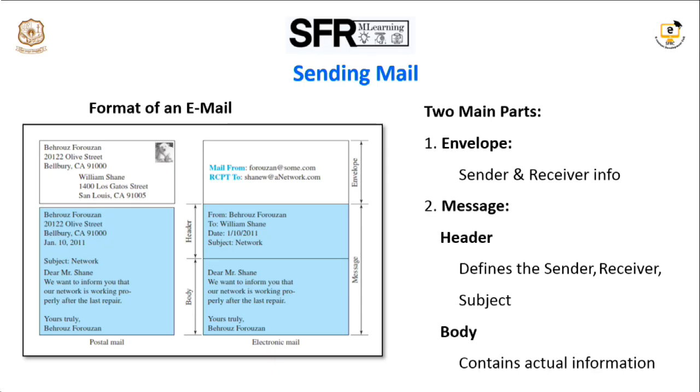The envelope contains the sender and receiver information, and the message contains two parts, header and body. The header, as usual, defines the sender address, receiver address and subject, that is, for what purpose we are sending the email from sender to receiver. The second component in the message is the body. It contains the actual information.